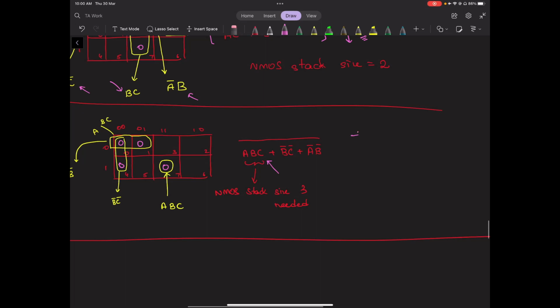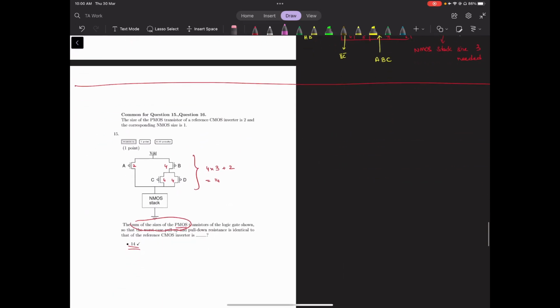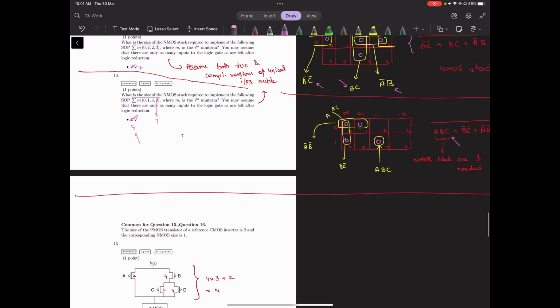To implement that ABC, you will need to put 3 NMOSes in series. Even though the other two have 2 NMOSes in series, like this, there are 2 stacks, this will lead to a stack size of 3, because stack size is defined as the maximum chain length of transistors from the output to the supply node. So the stack size is 3 for this question.